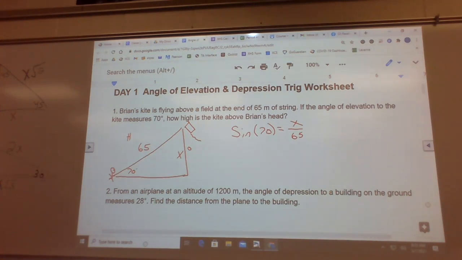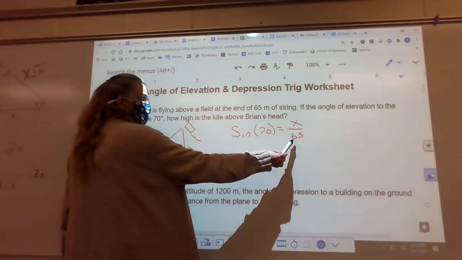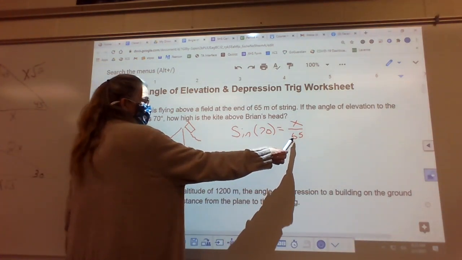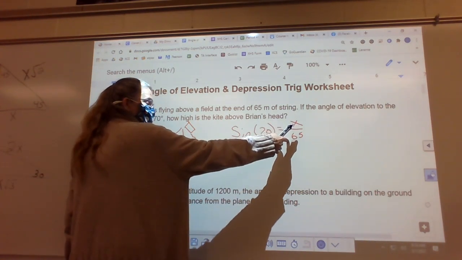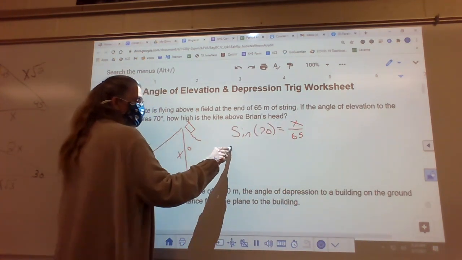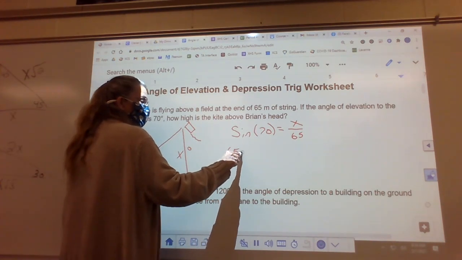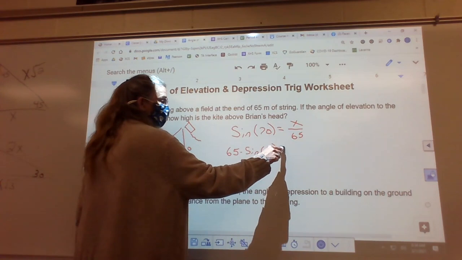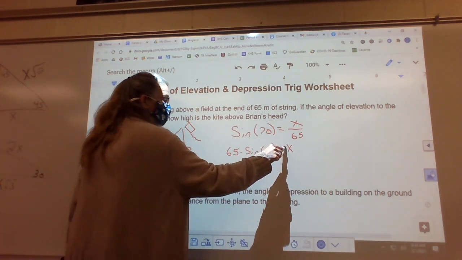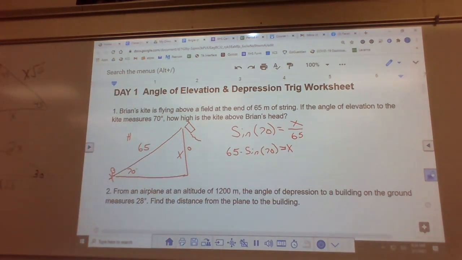So multiply by 65. Since this is X divided by 65, to get rid of the divided by 65, I'm going to multiply by 65. So that's what goes in the calculator.